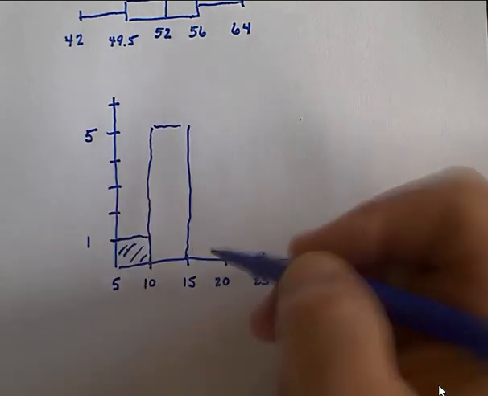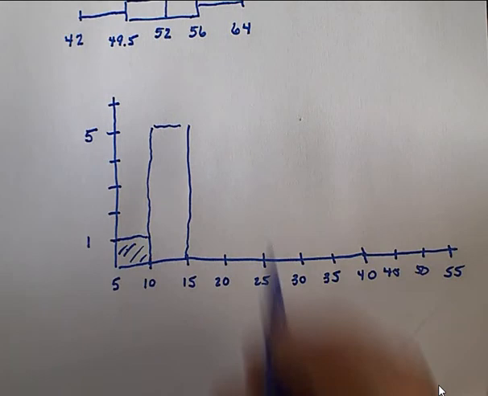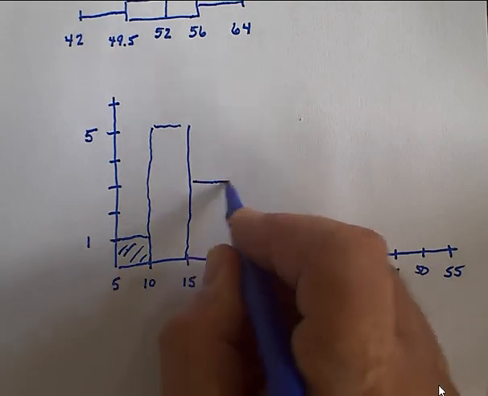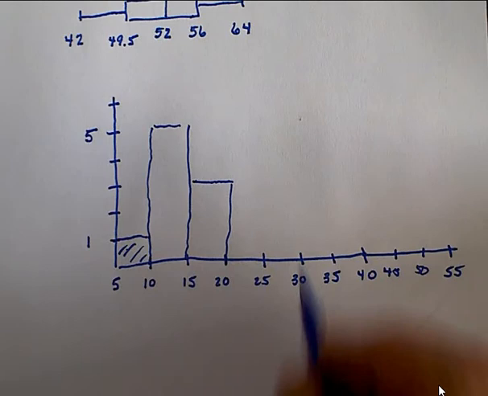Okay, the next group starts at 15 and goes to, but does not include, 20. So in this example, I have 1, 2, 3. Okay, next group starts at 20 and is less than 25. There are 2.